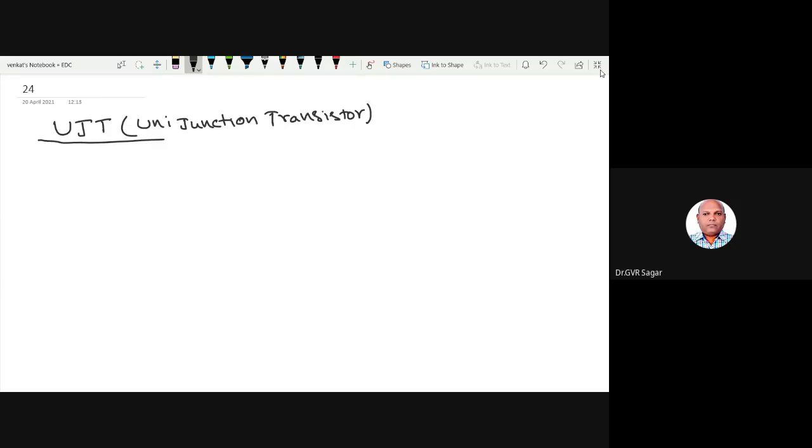The name indicates that only a single junction is there. Only one junction.